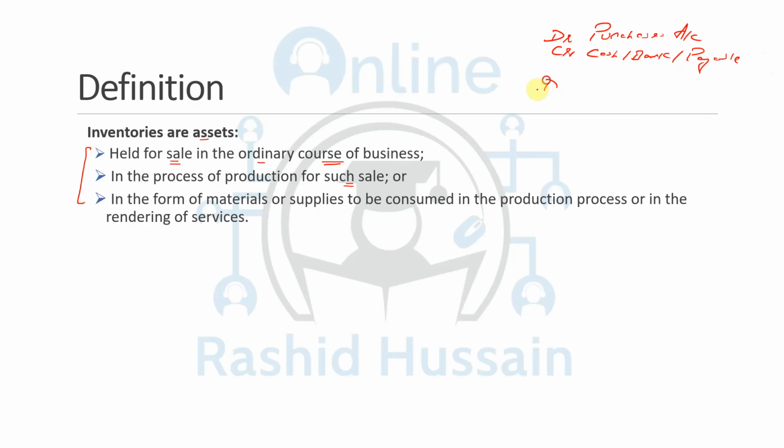When you settle your liability by making the payment to your supplier, the double entry is debit payable because the liability is decreased, and then credit goes to cash or the bank, usually the bank, because we make the payment for inventory usually through the bank channel. So these are the normal journal entries, and we have seen them many times when purchasing inventory. Similarly, when we sell inventory, we have debit receivable and credit sales. But now the focus is purchasing inventory.